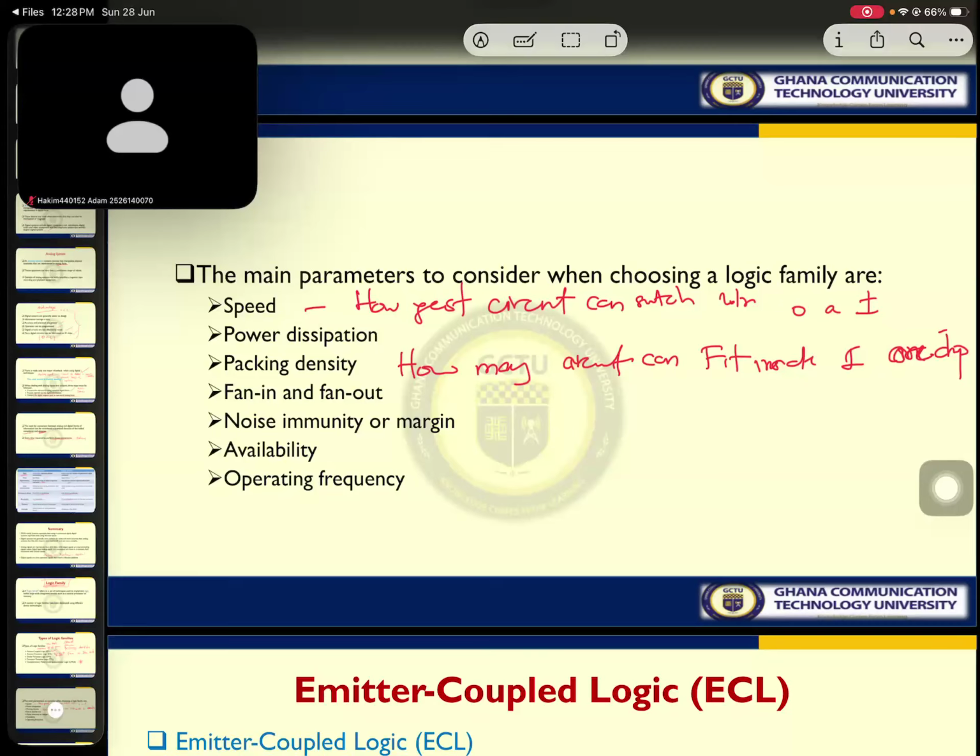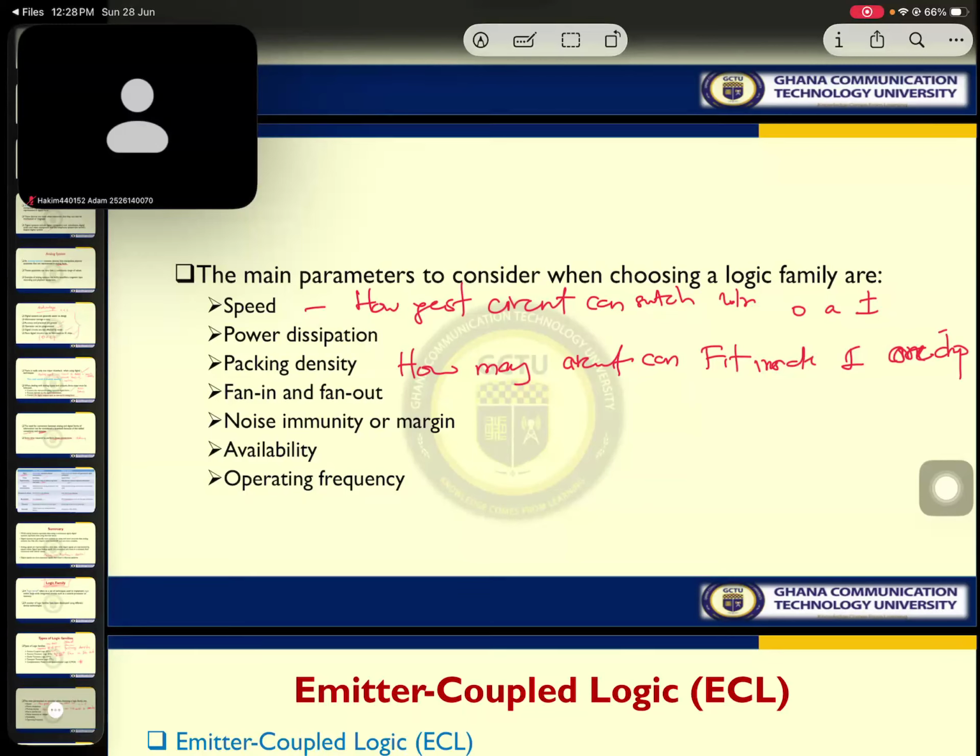Then we have the frequency. That is the maximum frequency at which the circuit can operate reliably. We also look at that. So before you select a particular logic family, these parameters should inform your decision.